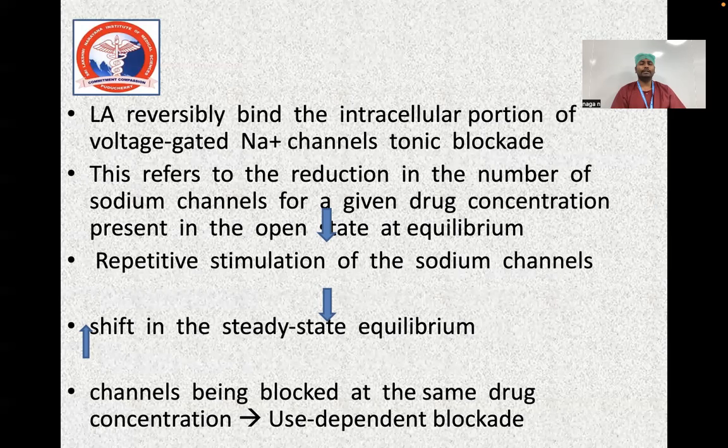This refers to the reduction in the number of sodium channels present in the open state for a given drug concentration at equilibrium. With repetitive stimulation of the sodium channels, there is a shift in the steady-state equilibrium, with more channels being blocked at the same drug concentration. This is use-dependent blockade.